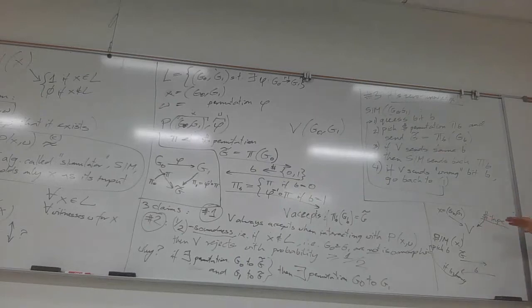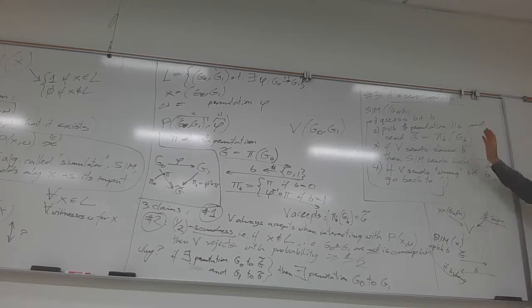First of all, how long does this procedure take? Is it efficient? Yes, because with probability 1/2 I pass it. So what's the expected time? The expected time is 2.